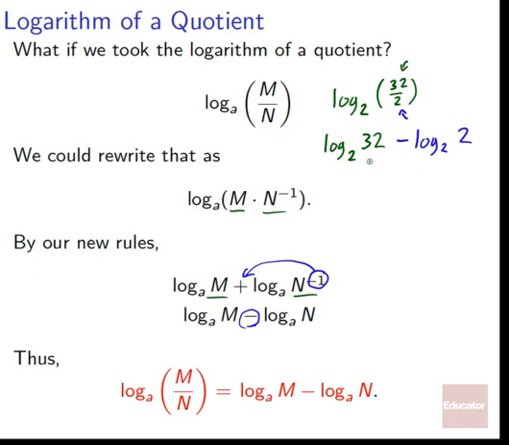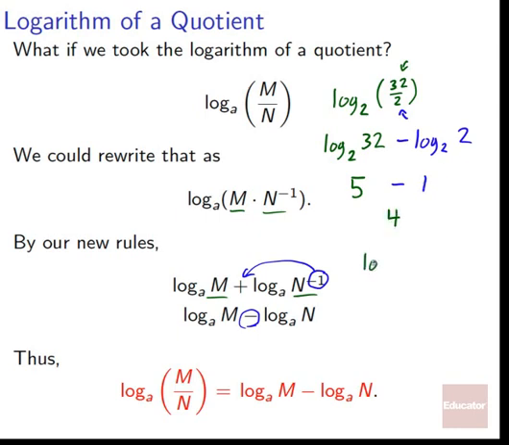Well, 2 at 1, 4 at 2, 8 at 3, 16 at 4, 32 at 5. So log base 2 of 32 is 5. What is log base 2 of 2? It's 1, since 2 to the 1 equals 2. So 5 minus 1, we wind up getting 4.